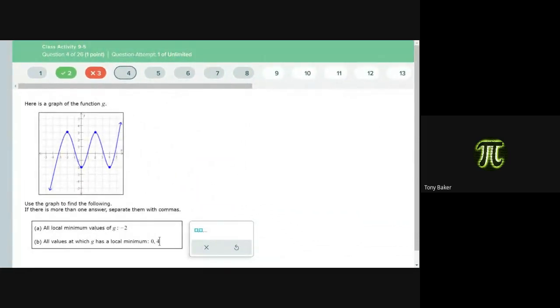Do I have an absolute minimum on this graph? No, because the line goes down forever too. So I do not have an absolute max or min on this problem. I only have local ones. If it was an even function and they both went down, then I would have an absolute max. I wouldn't necessarily have an absolute minimum in that situation.